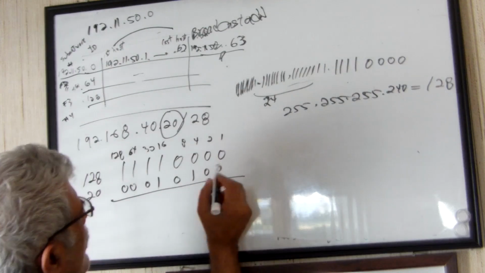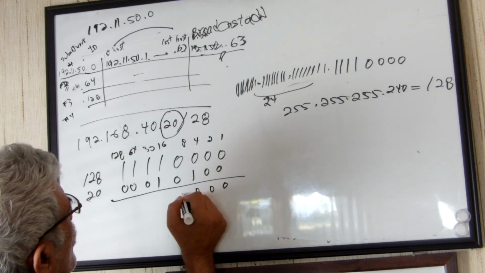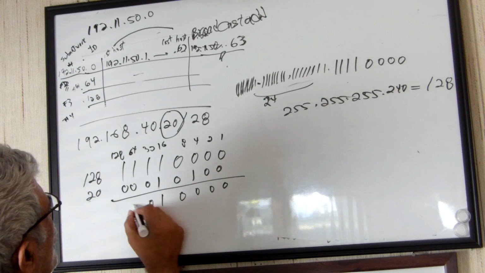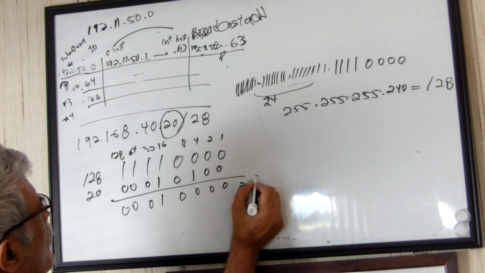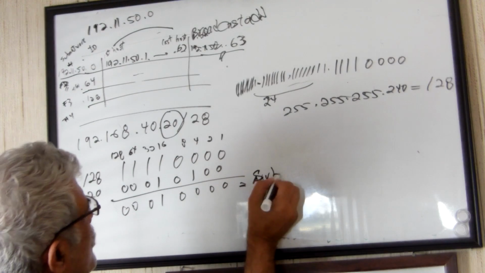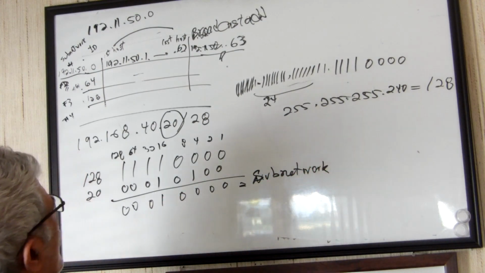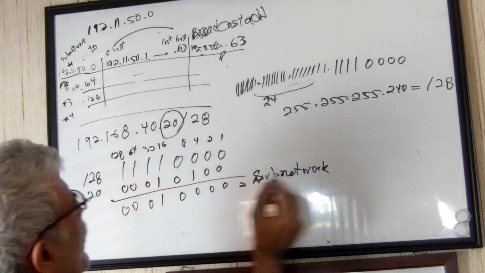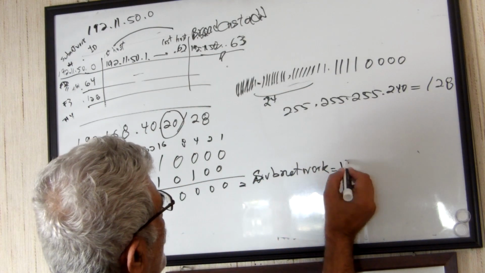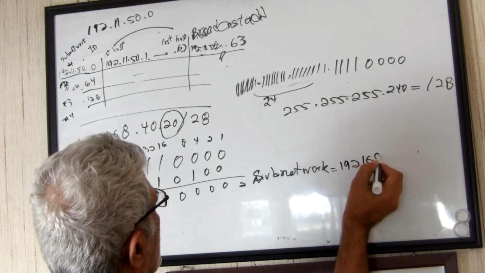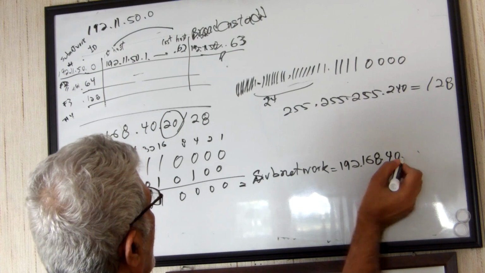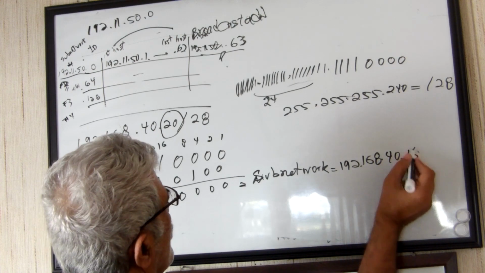And then for the ANDing process, this is the subnetwork: 192, 168, 40, 16.